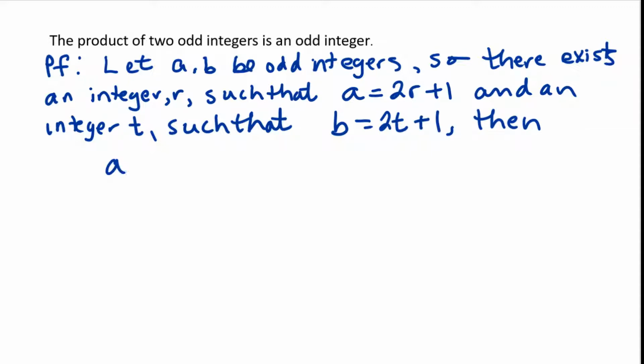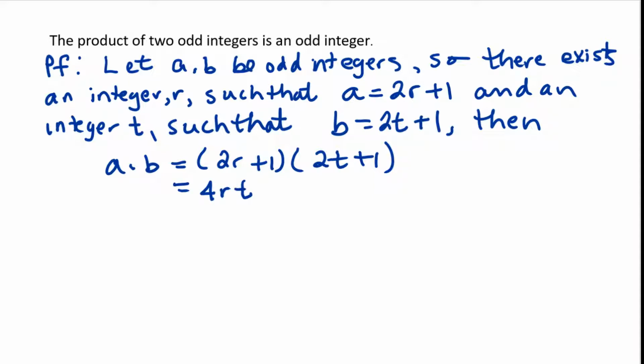Then the product of A times B is equal to, and A is expressed as 2 times R plus 1, B is expressed as 2 times T plus 1. We can multiply this, so we get 4RT plus 2T plus 2R plus 1.